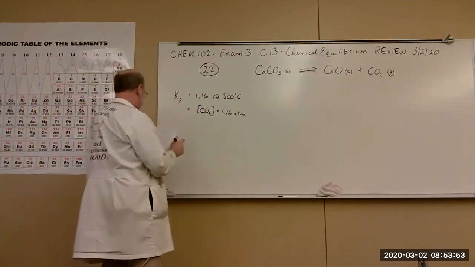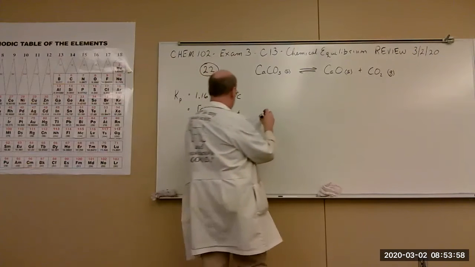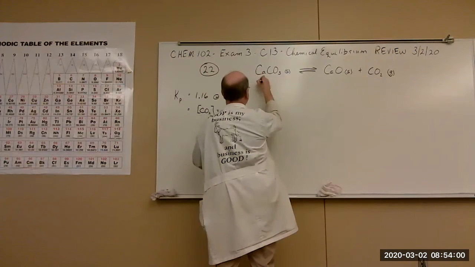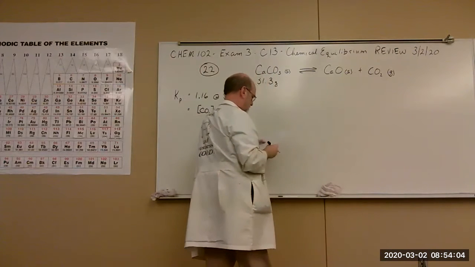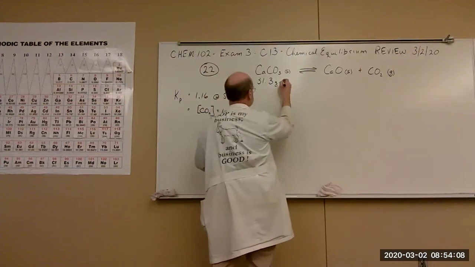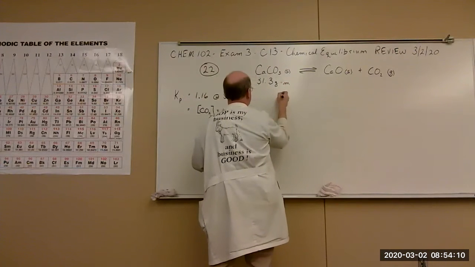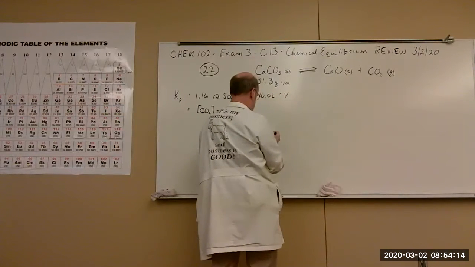So we're also given a 31.3 gram sample of that. And we put it in a 10-liter container. So this is the mass. 10 liters is volume.